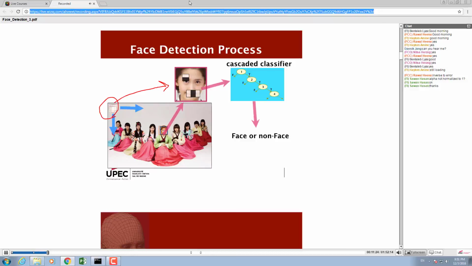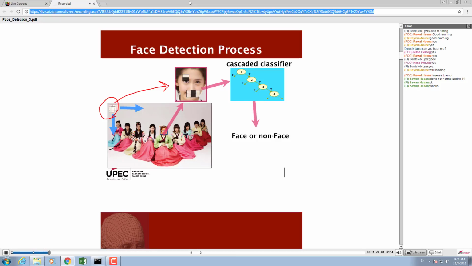Whatever it is, it can be AdaBoost classification or any decision-making kind of stuff. By processing this small region, we try to determine if this region, this rectangle, is a face or not. A window can be regarded as a sub-region, a sub-rectangle.